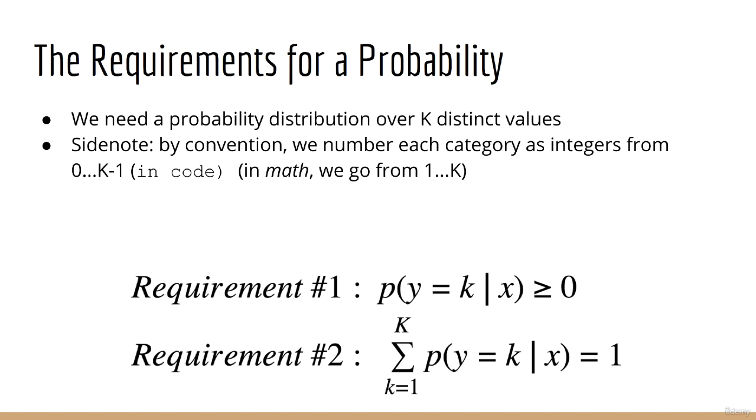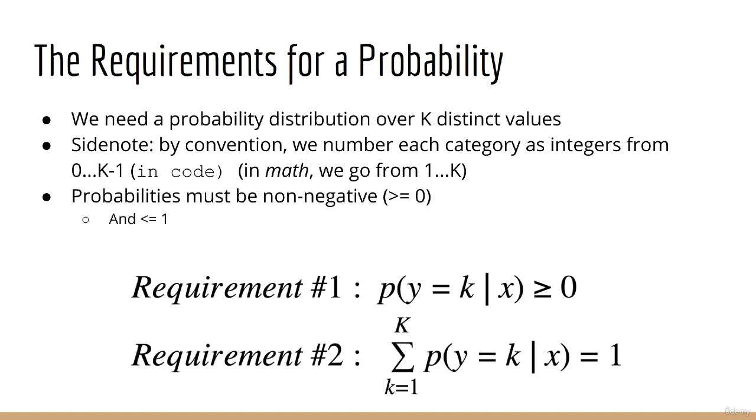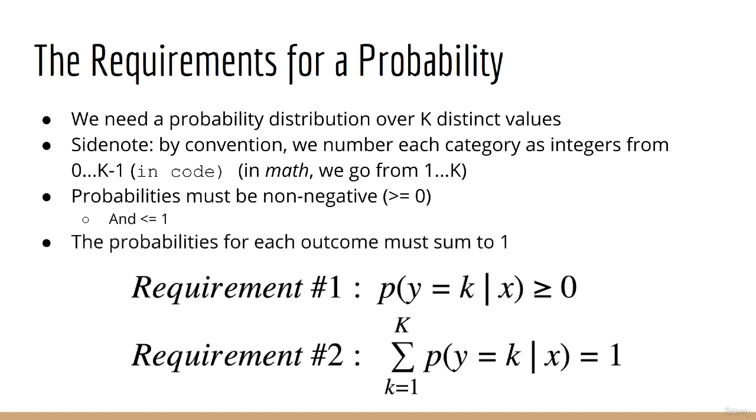First, since they are probabilities, they must be non-negative. In other words, they must be greater than or equal to 0. But there is also an upper limit. The maximum value of a probability is 1, but more importantly, for this to be a proper probability distribution, all the possible different values must sum to 1. So the second requirement is that all the probabilities must sum to 1.